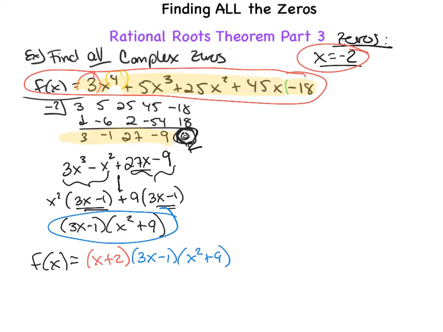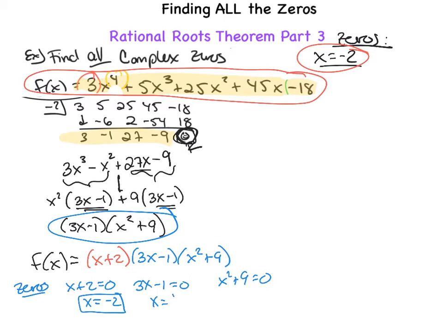But here's what you can do. This is a factored version of f of x, and to find all of your zeros, you can take each of these factors, set them equal to 0, and solve. Here's where we get the x equals -2 that we already knew about. If we add the 1 and divide by 3, we get x equals 1/3.